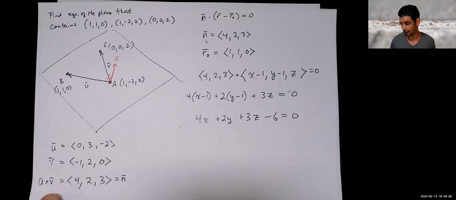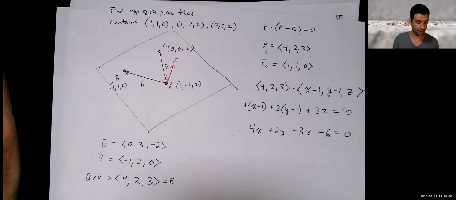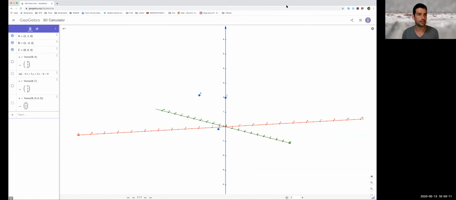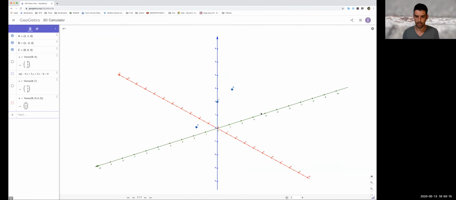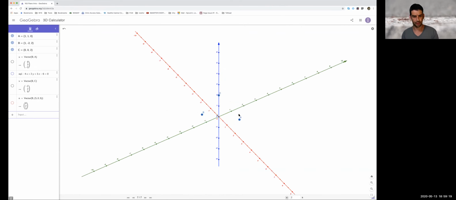Let's take one look at this in a graphing program, so the picture might be a bit better. So let's take a quick look. So here I have, again, using GeoGebra. Here are the points A, B, and C. I'm not 100% sure I named them as I named them before.